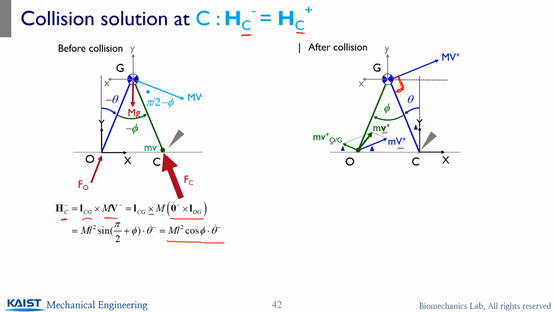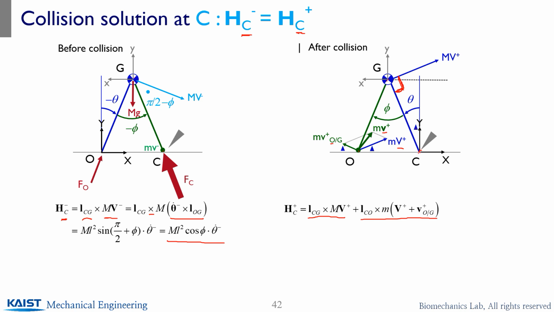To calculate the cross product, we need to figure out the angles, which are equal. So this is theta. All the triangle marks represent the theta value. After collision, there is angular momentum from the capital mass and the small mass. Both are represented by L cross something.